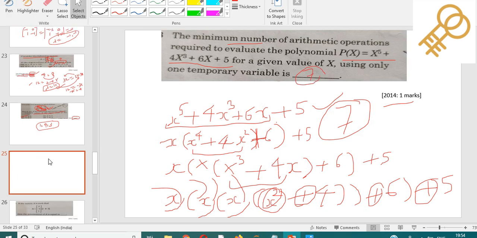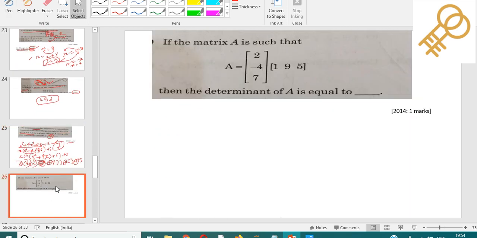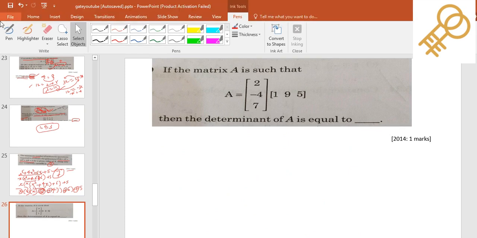So moving towards the next question. It was asked in 2014 for 1 mark, and it is a very easy question. As you can see, they have given a matrix, right? And they're asking to find the determinant of the given matrix.